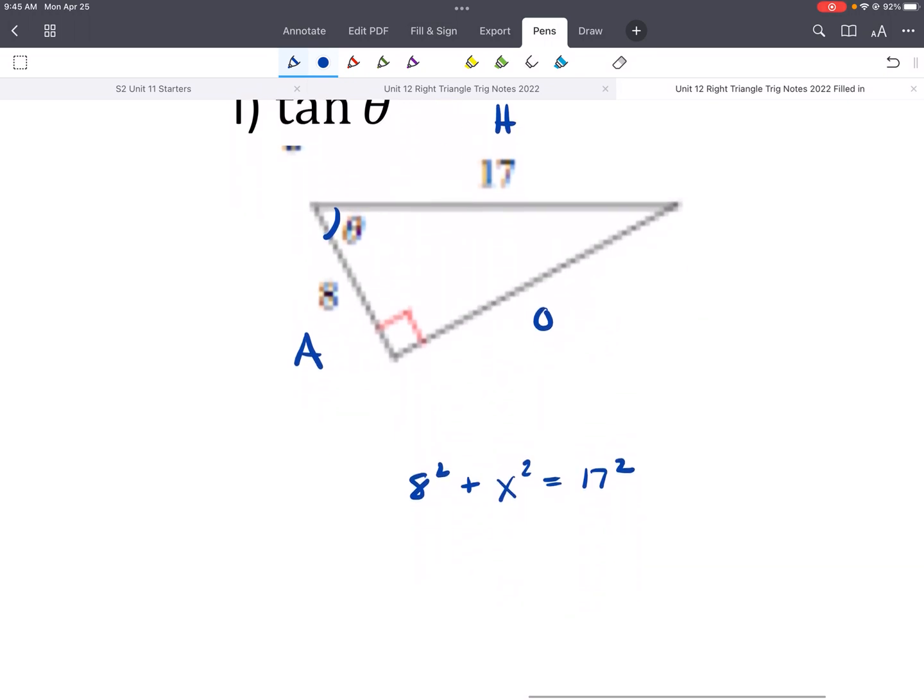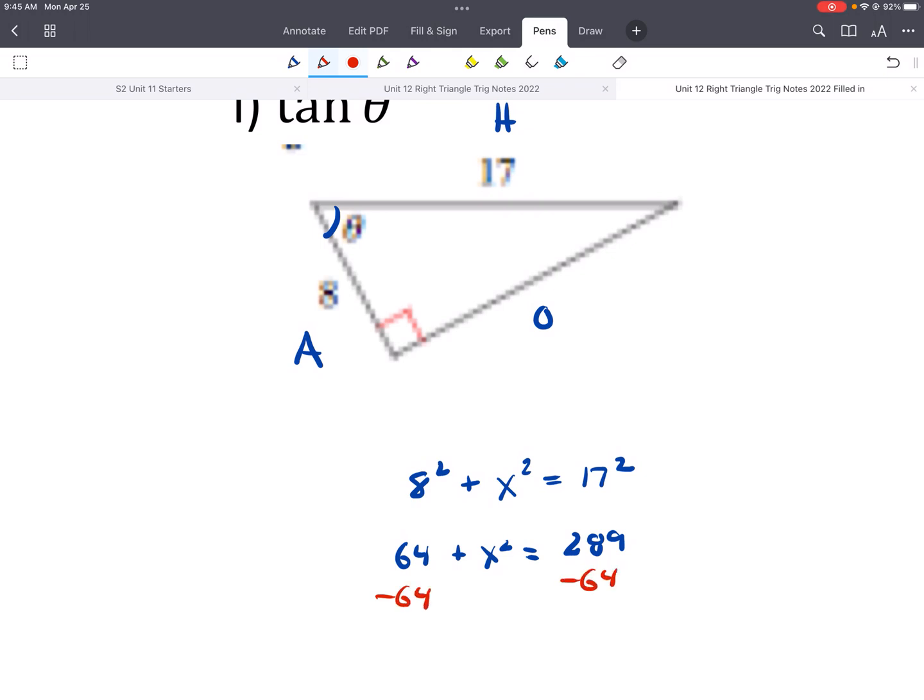Okay. So if we use our calculator, we get 64 plus X squared equals 17 squared, which is 289. Okay, but we need to get X by itself. So we would want to subtract 64. So 289 minus 64 gives you 225.